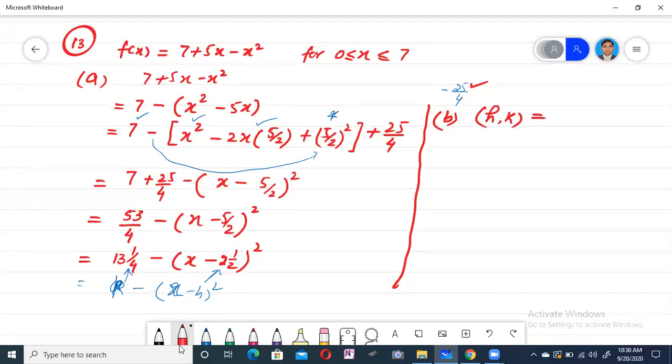is the turning point. H is 2 and 1 by 2, you know 2.5, and k is 13 and 1 by 4. Okay, 13 and 1 by 4 is 13.25.